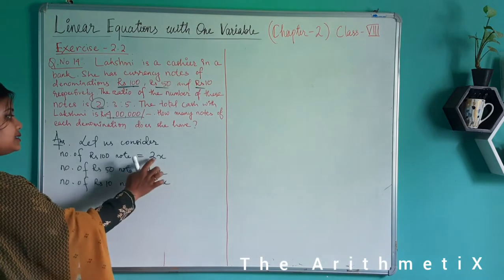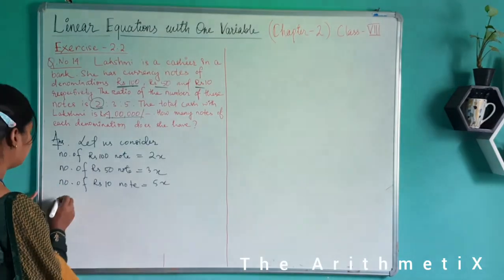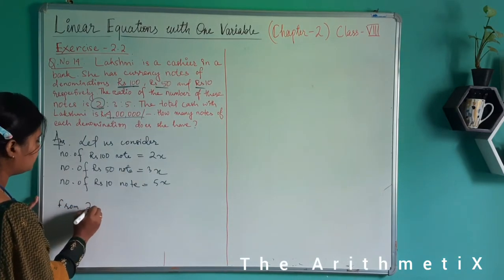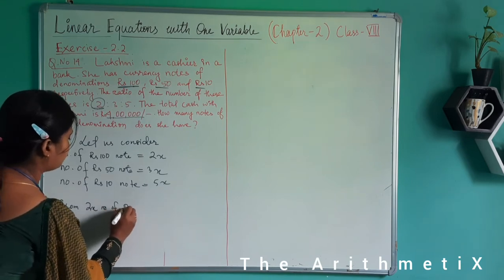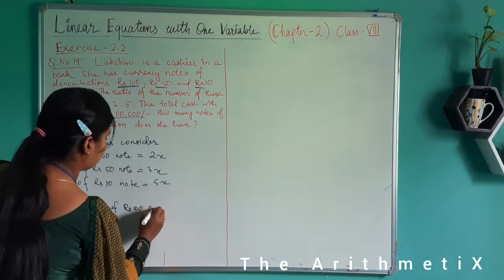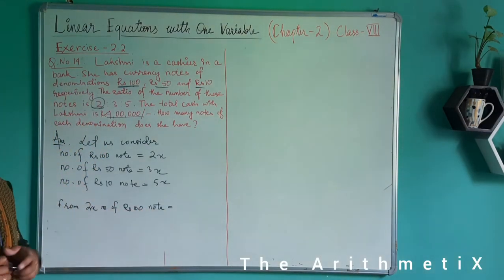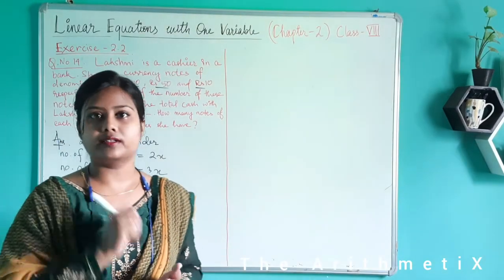So if she has 2x number of 100 rupees note, then how much amount that makes? From 2x number of 100 rupees note, how much will it be? See, if I take 100 rupee note, then it will make 100 rupees only.